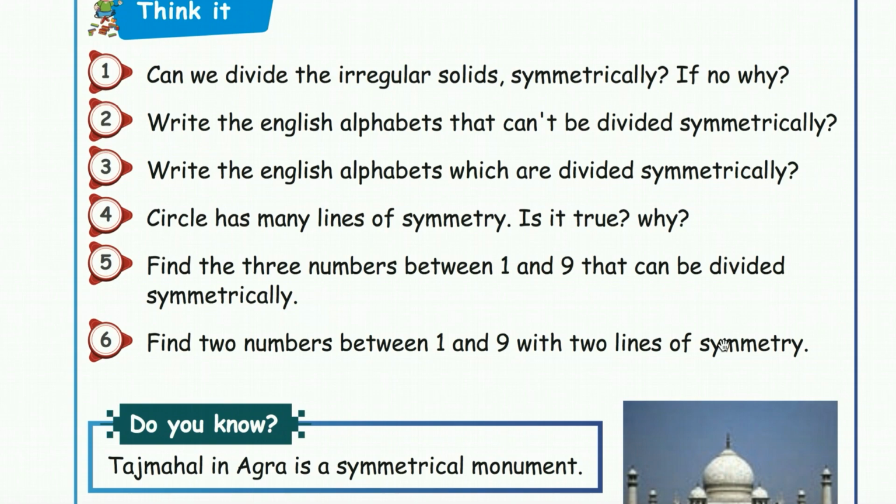Not 5, 6, not 7 also. 8 can be divided symmetrically. 2 cannot be divided symmetrically. 3 can be divided. 4 cannot be divided.